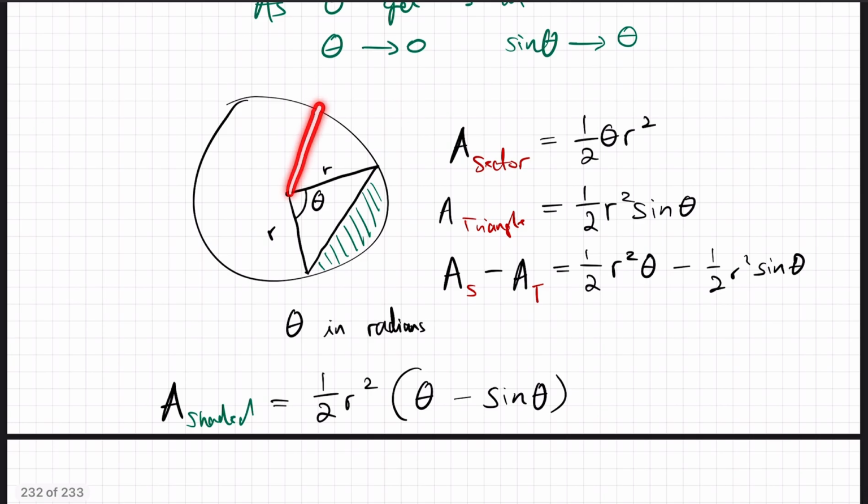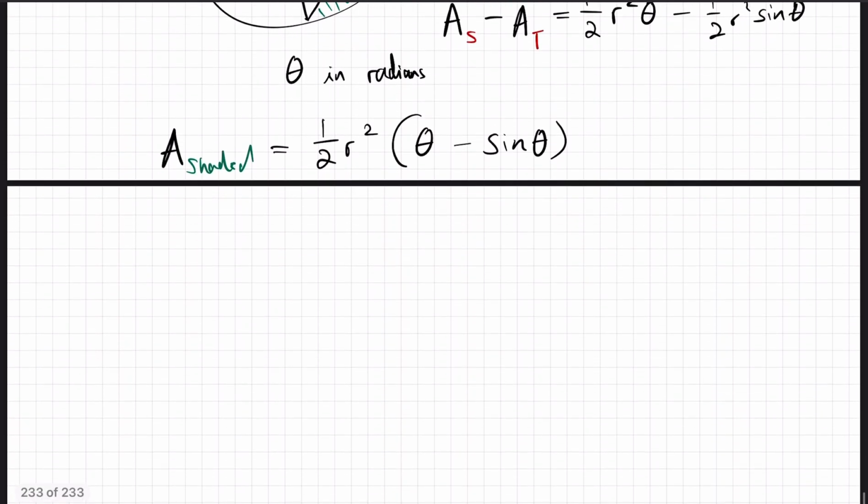For a really big angle like this, our shaded area is going to be quite substantial. But if we have a really tiny angle, then our shaded area is going to be just this tiny bit there. And you can see as it gets smaller and smaller, the shaded bit is just going to disappear as it gets closer and closer to a real triangle.